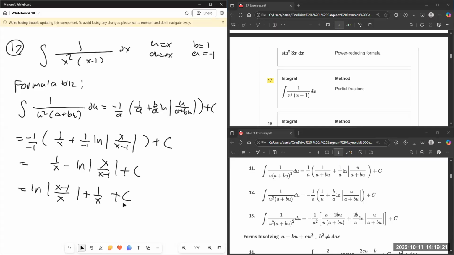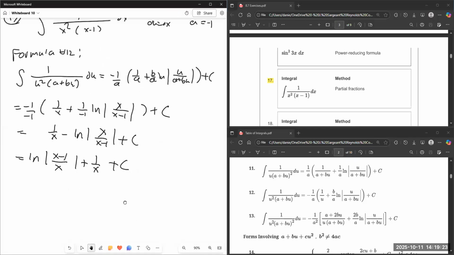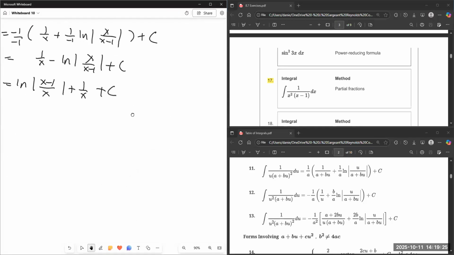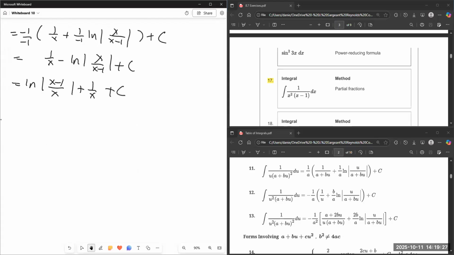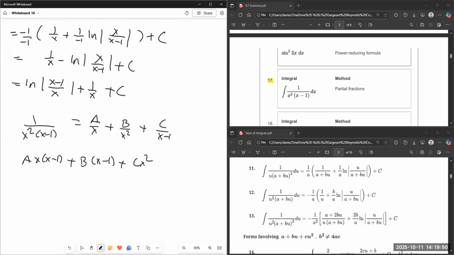And now we want to use partial fraction decomposition here. So 1 over x squared times x minus 1 is going to be equal to a over x plus b over x squared plus c over x minus 1. A times x minus 1, plus b times x minus 1, plus c x squared needs to be equal to 1.